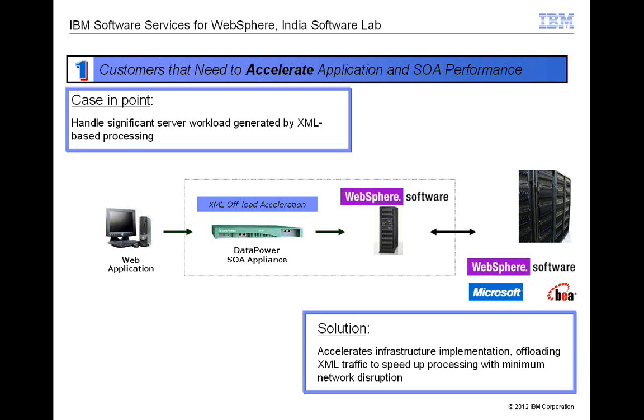And you have a web application on the left that requires information from the backend server. Let us say that the backend server is doing a lot of XML crunching. It receives a request and has to transform a lot of XML, and then render that XML to the front end application.